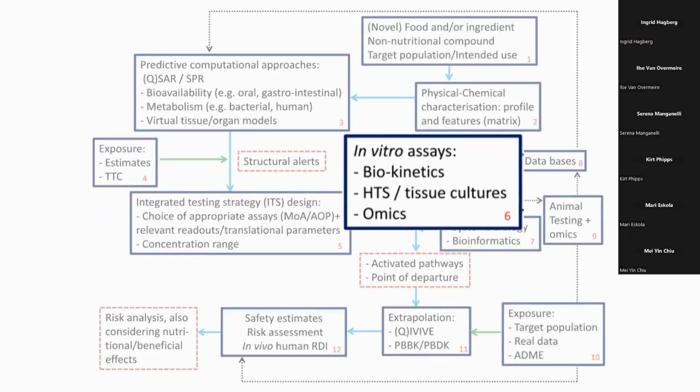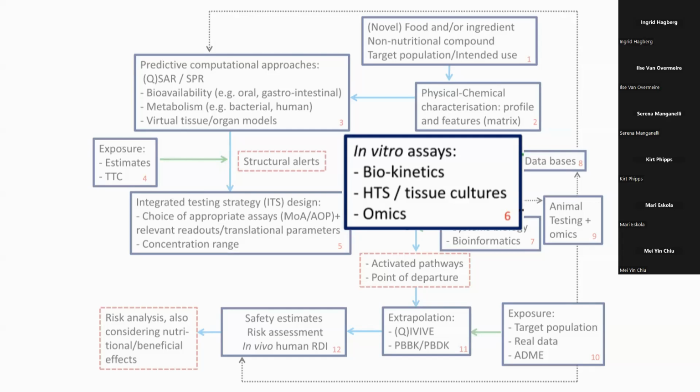We also talked about the choice of in vitro bioassays. If you know more about the structure of the compound, and if you know more about the exposure, and if you will also be able to include the kinetics of the compound, then you will be able to select the proper in vitro bioassays on the basis of the fact that the kinetics predicts that the concentration for a certain exposure will be high in certain tissues.